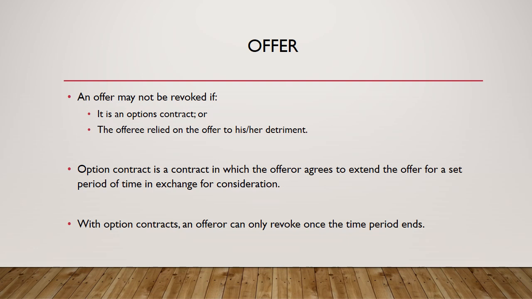Well, the painter has relied on the offer to his detriment. He's changed his position because he's bought all the paint he needs, the paintbrushes, hired people, bought a ladder, and so he's expended money in reliance on the offer. In that scenario, the offeror, the homeowner, may not be able to revoke the offer to paint the home for $2,000.